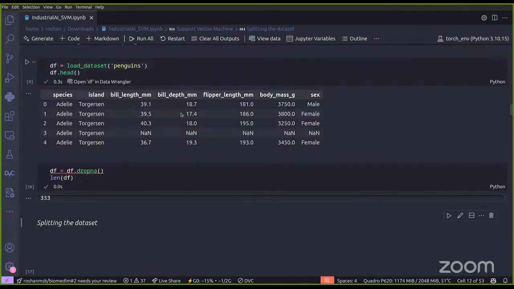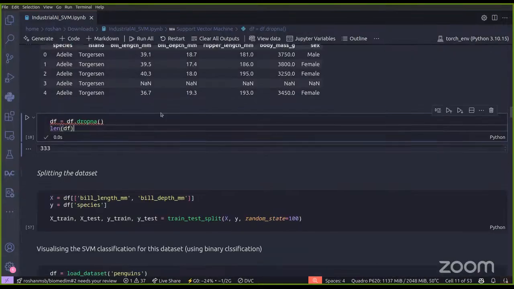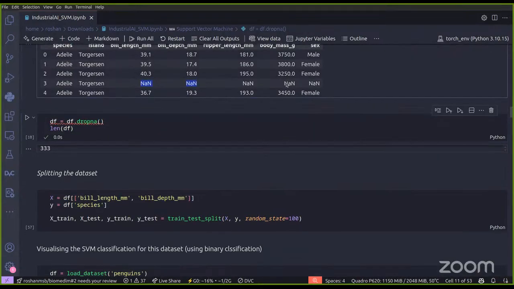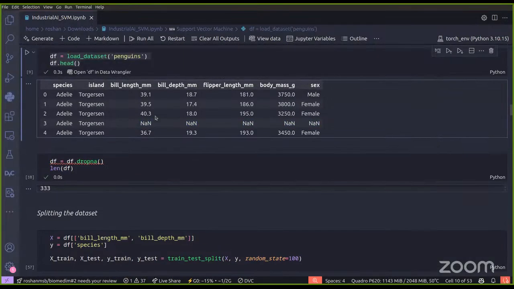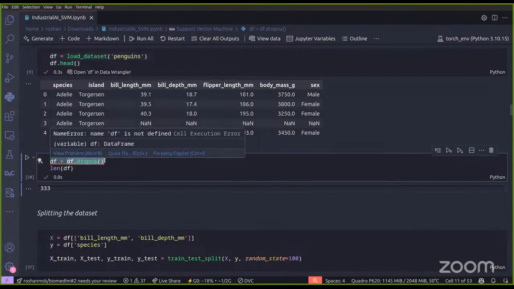Okay. So you have 5 features. And there are some NaN values. What does NaN mean? The NaN value here indicates that you don't have any measurement for the specific features. So if you don't have any measurement for these features, you just drop those rows. That is what df.dropna is doing.